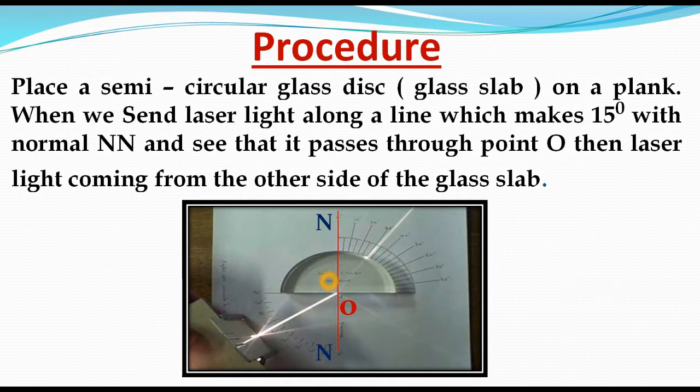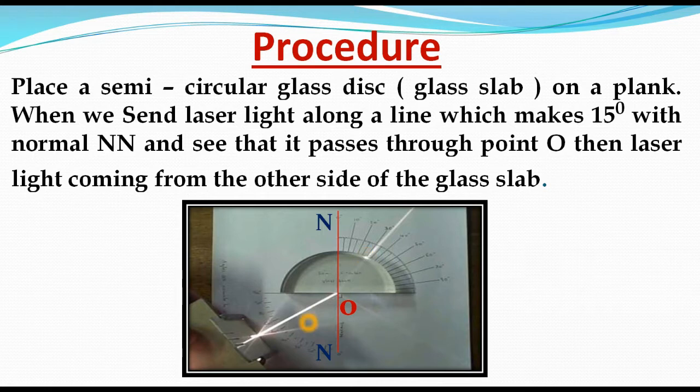Air is the rarer medium and glass is the denser medium. When a light ray enters from one medium to another medium, it deviates from its path. That is called refraction of light. So this ray suffers refraction, and due to refraction its direction changes.